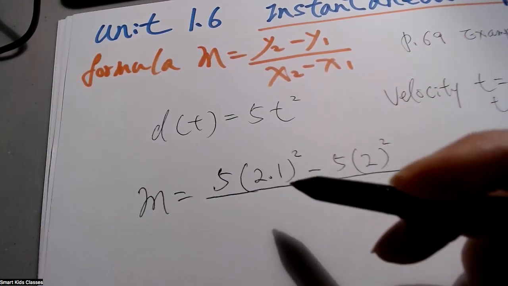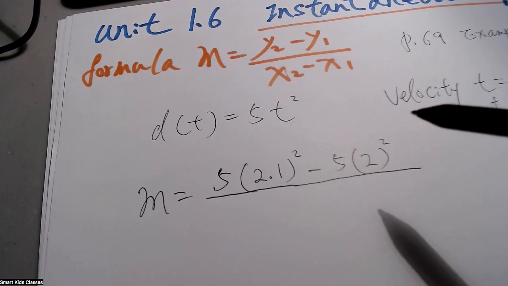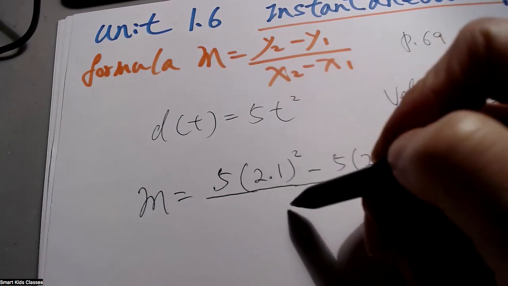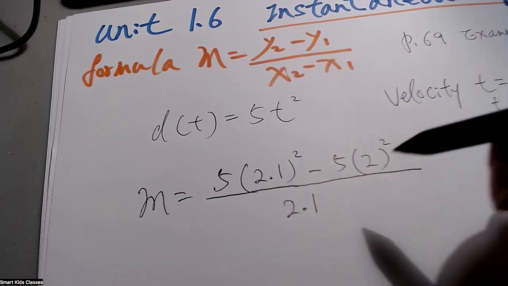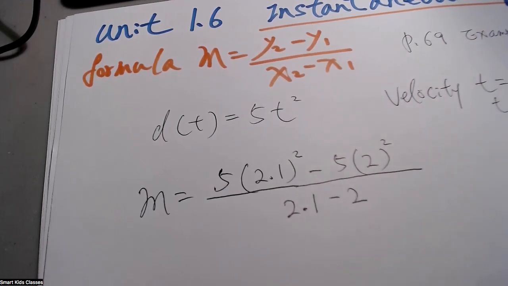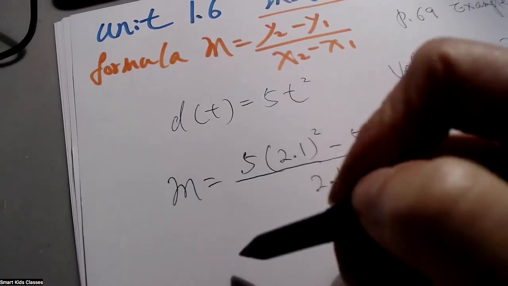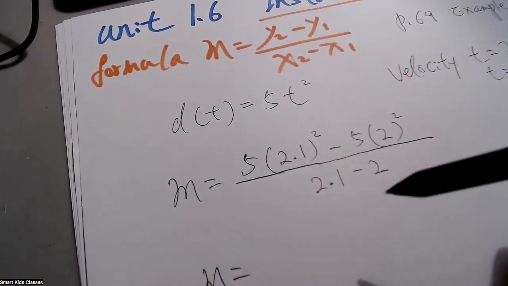This is y2 minus y1. And x2 minus x1 will be 2.1 subtract 2. Now, what are we going to get?